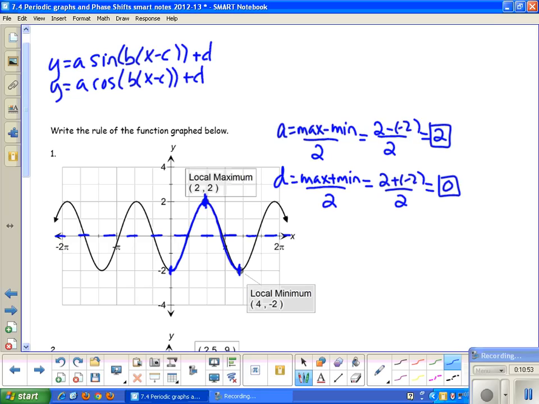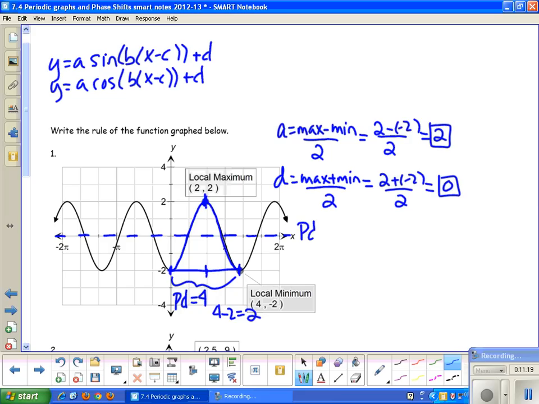So notice that we have our x values, 2 to 4. The distance from 2 to 4, of course, if you do 4 minus 2, is 2. So if the distance from here to here, which is half my graph, is 2, then the whole distance would be one wavelength of 4.